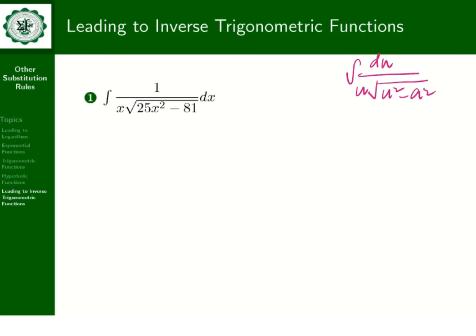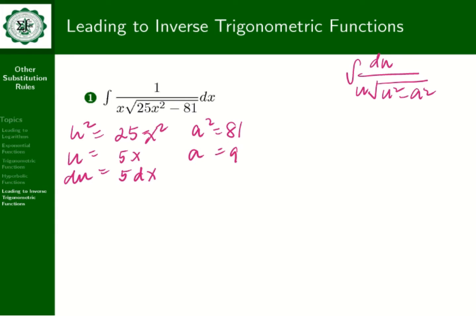So for our given, we let u squared be 25x squared, which means u is 5x and that du is 5 dx. Next, the value of a squared is 81, therefore a is 9.